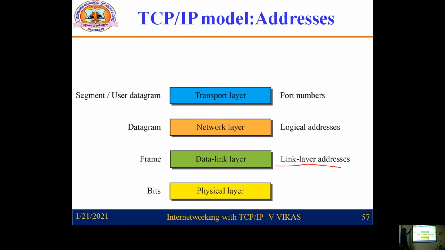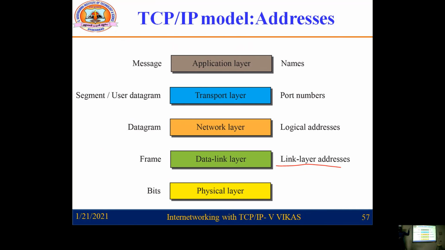Transport layer, you will be sending either a segment or user datagram, and you are going to have a port address. Application layer, you are going to have messages and corresponding names. It's something like google.com, it's a name.